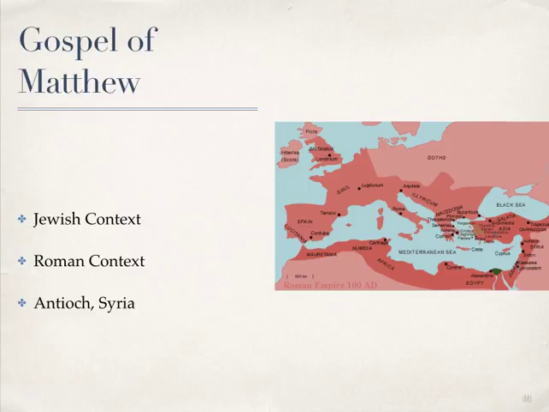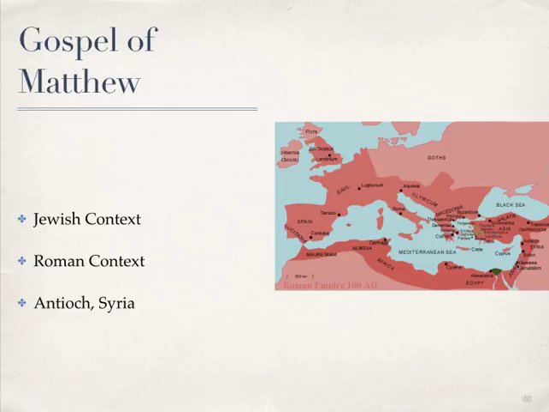But there's also a deeply Roman context. As you can see from the map here on the slide, the darker region is the Roman Empire in the 1st century of the Common Era, when the Gospel of Matthew was written. And we'll see this in a little bit more detail in the next slide.